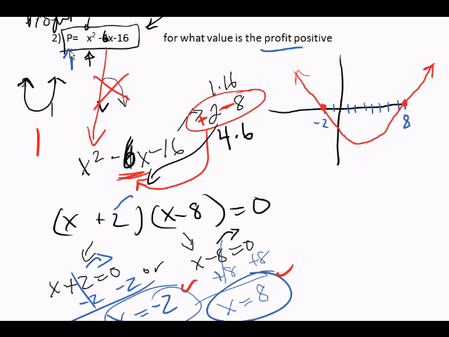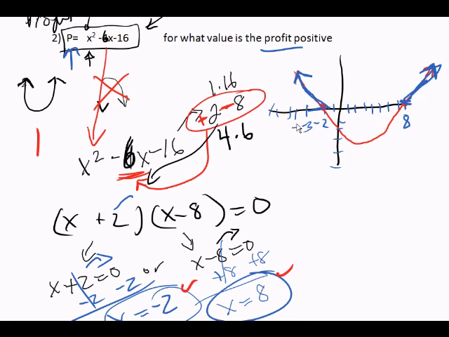And the question is, when is this profit positive? Profit is the P, is my graph. Do you see when this graph is positive? It's positive for all this blue up here. Everything else below, it's negative. So it's profit for everything above this.